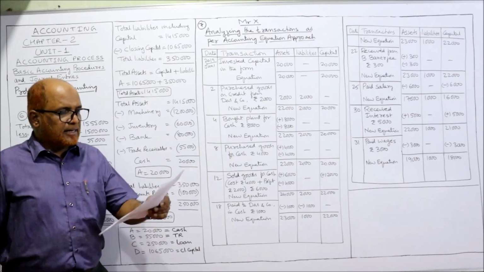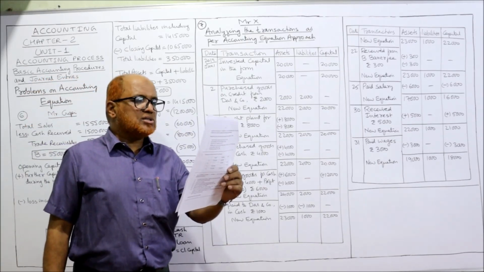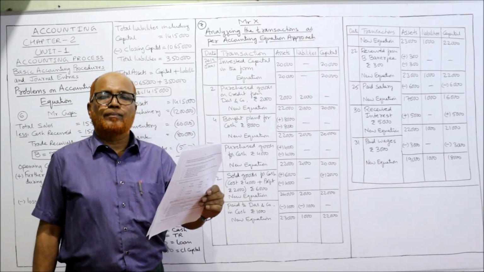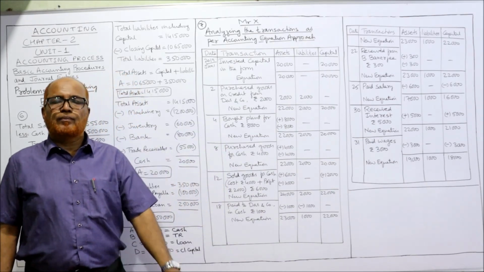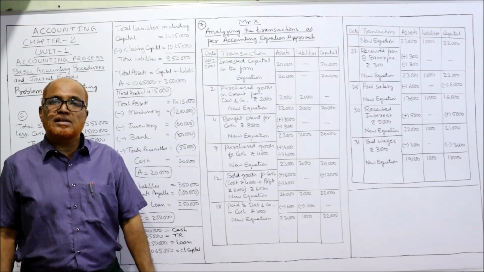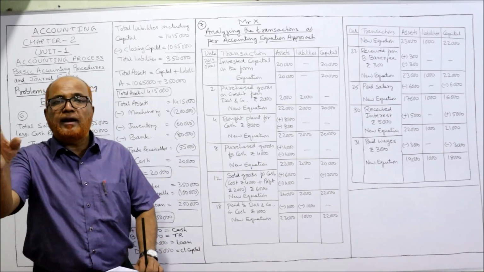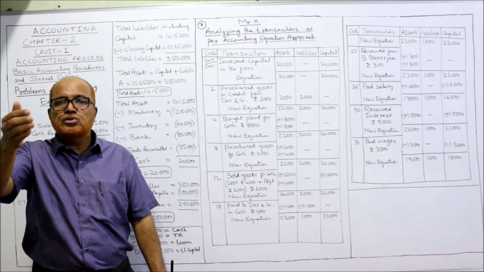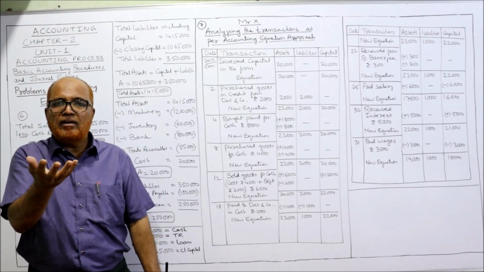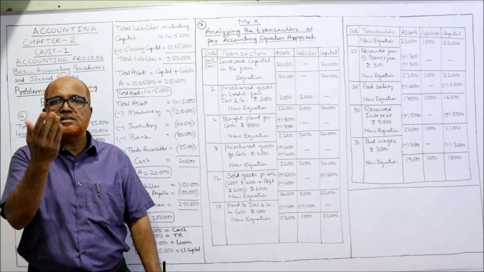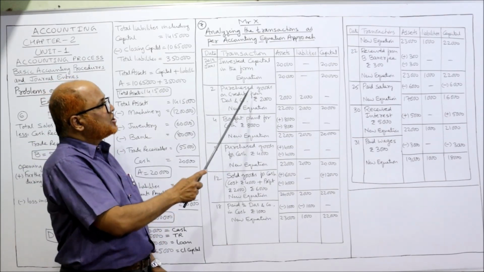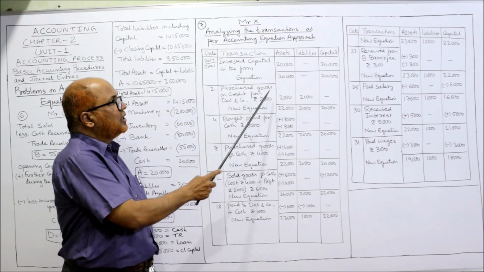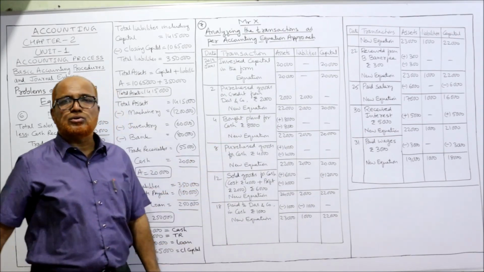That's it. Second transaction. Purchased goods on credit from Das and Company for 2,000. Purchased goods on credit. That means a liability. We have not paid the amount. We have purchased the goods. When goods are purchased, inventory is coming in. So assets increased by 2,000.